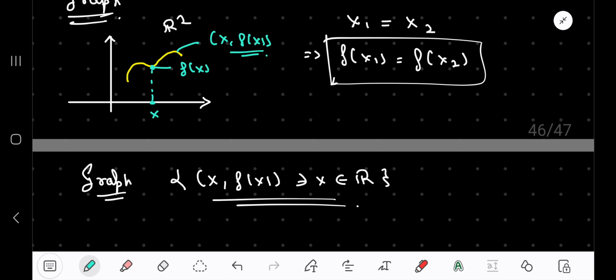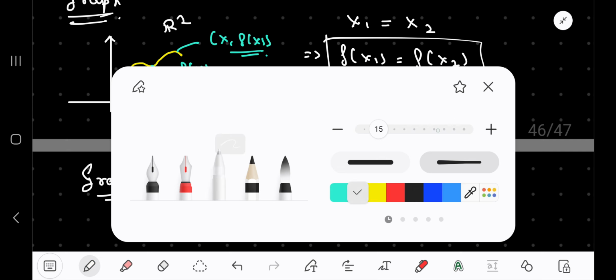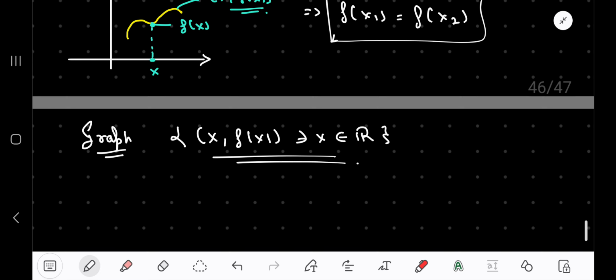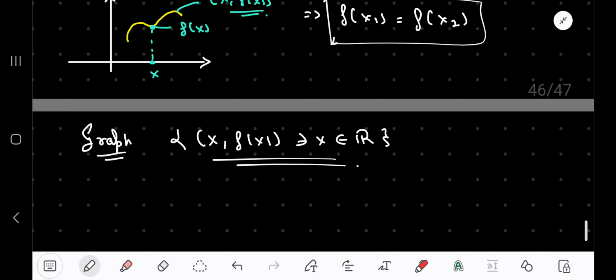This is what we call a graph. And given a geometrical structure like this, one of the most important questions is to verify whether it's a graph, because technically for this geometric structure to be a graph means that there is some function f such that I can represent this structure using this set or this collection.